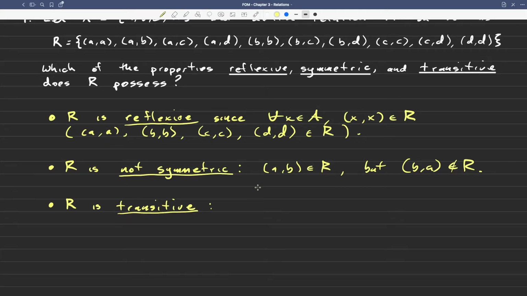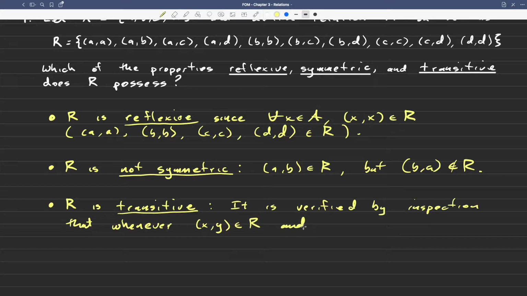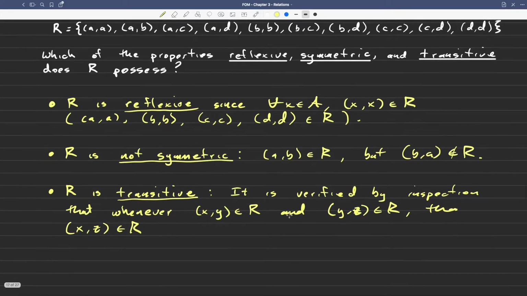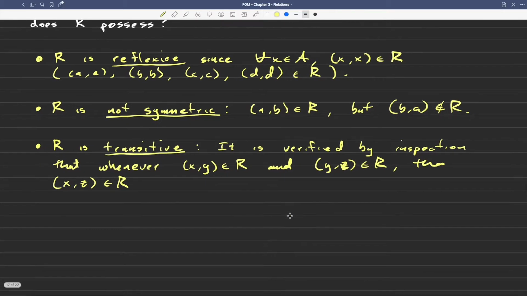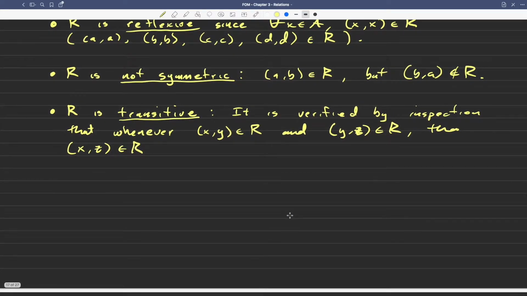I sort of just went down the line, and so we verified by inspection that whenever X comma Y is in R and Y comma Z is in R, then X comma Z is in R. To make a full accounting of that, you'd have to make a table or something like this, and this may be something that you need to do.